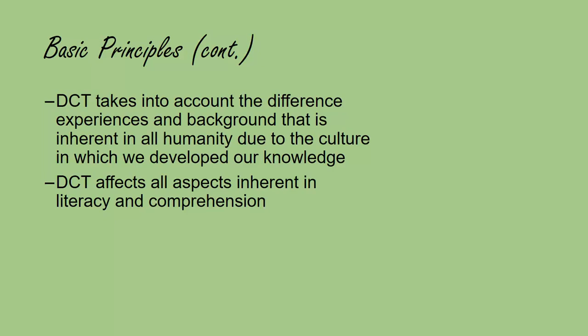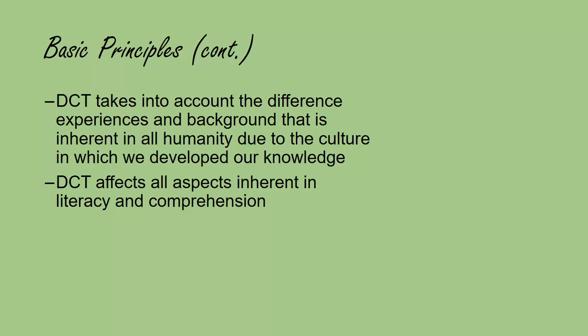So the dual coding theory takes into account all of the different cultures because you're still pairing the word with the picture. So maybe in Japan, instead of a picture of a house that we would have in the United States, maybe they would have a pagoda or something to signify their culture.